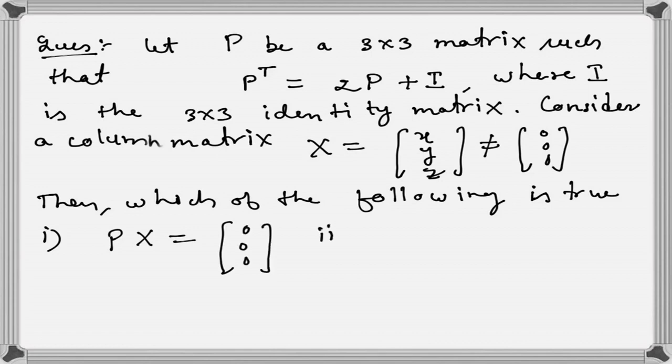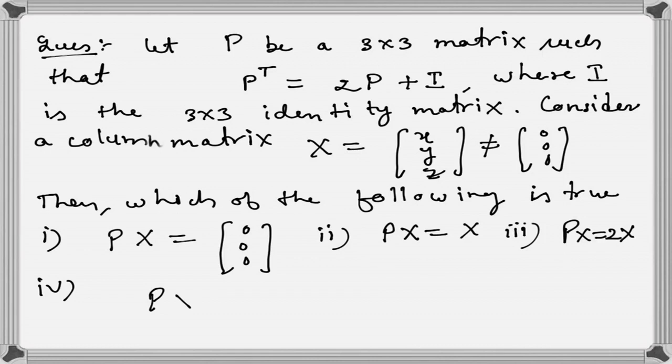The second option is Px is equals to x. The third option is Px is equals to 2x, and the fourth one is Px is equals to minus x. Okay, so let's solve this problem.